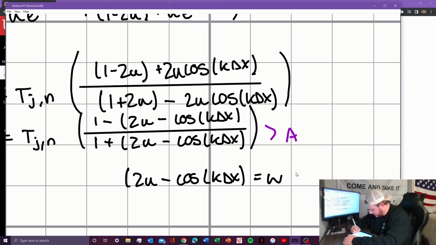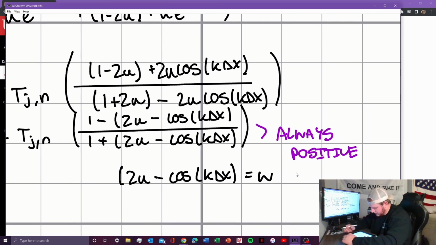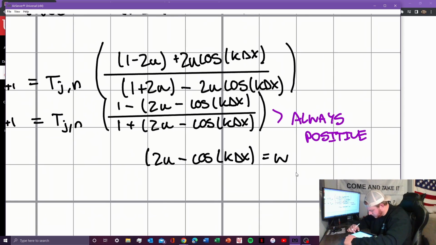Because the bounds of cosine are -1 and 1, and if the cosine in this term is -1, that's going to be a positive because a negative and a negative is a positive. And if it's positive, it's just going to cancel with the outside. So this is always going to be positive on the inside.